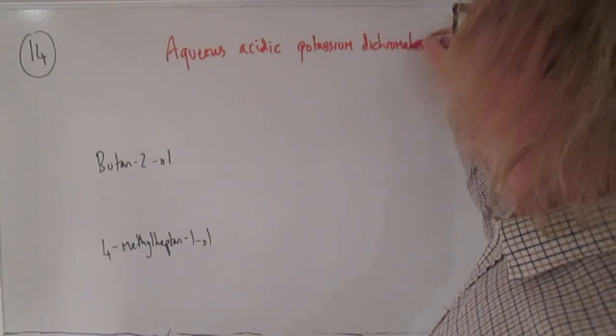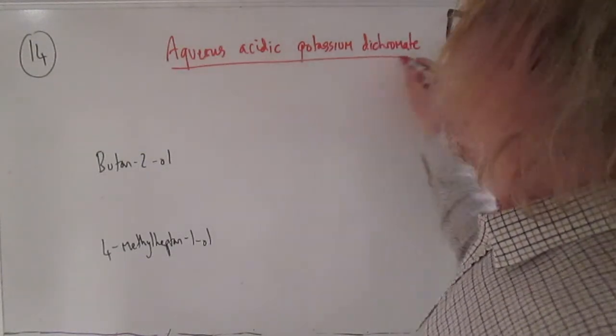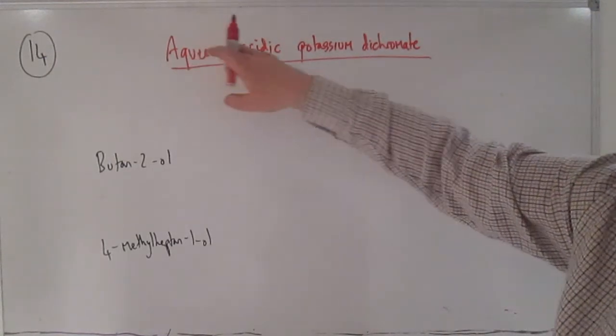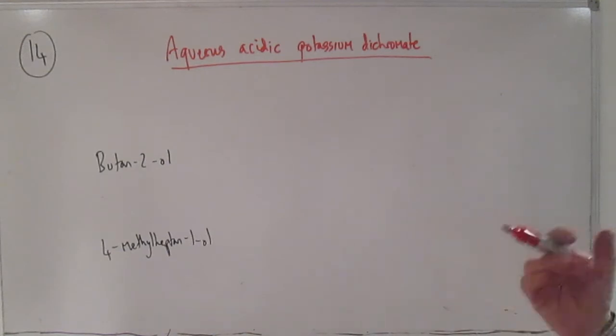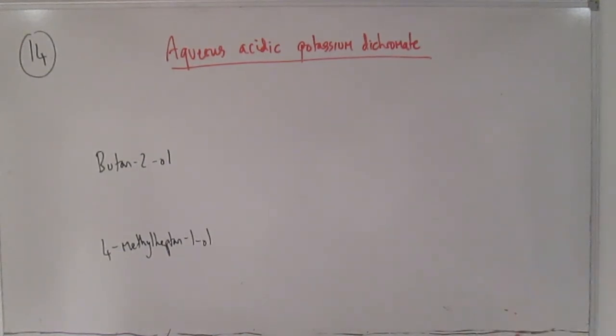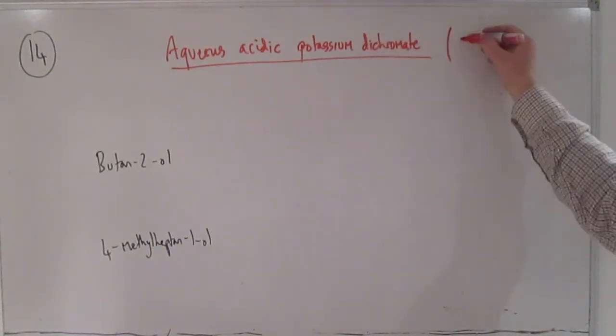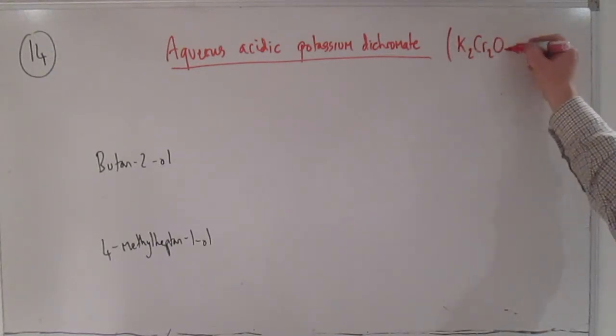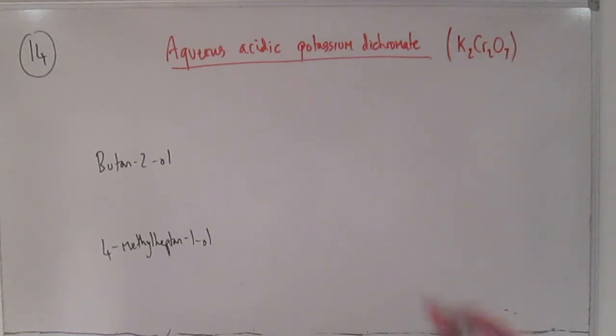So when you're learning this, make sure you learn that whole package. It's not just potassium dichromate. Without the water, without the acid, it won't work. So you've got to learn the whole package, aqueous acidic potassium dichromate. The formula for that is K2Cr2O7, which you may sometimes see, but mainly you're going to work with the name.